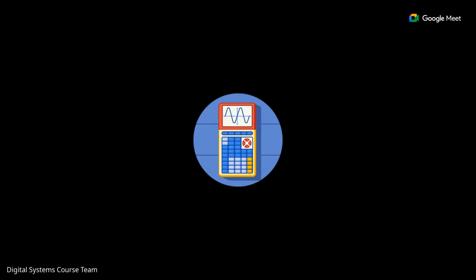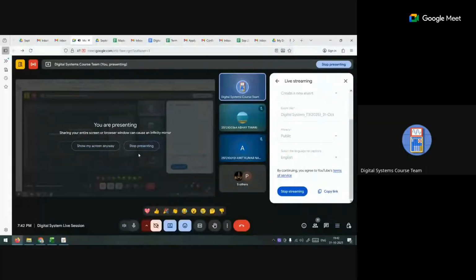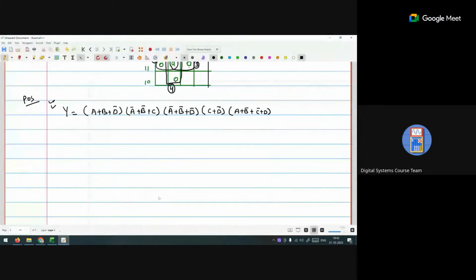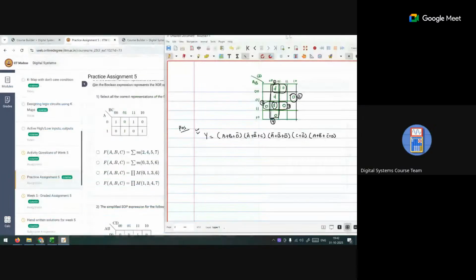If we are asked for the normal K-map solution, then in the K-map solution both answers will be correct. But if we are asked for the simplified Boolean expression, no redundant term is possible. If a redundant term is available, that answer is incorrect.